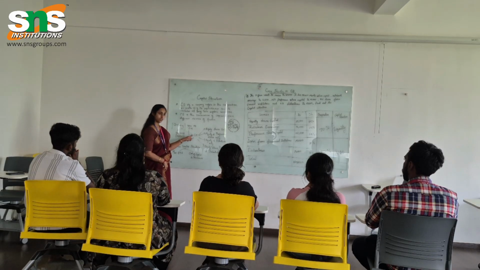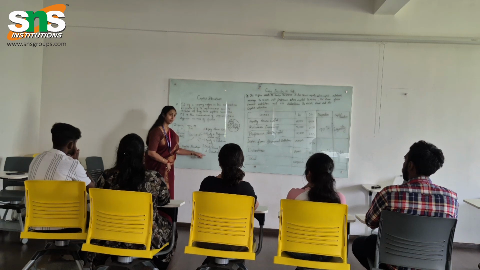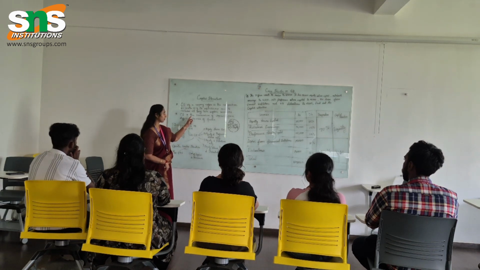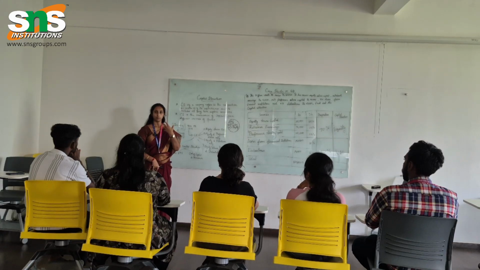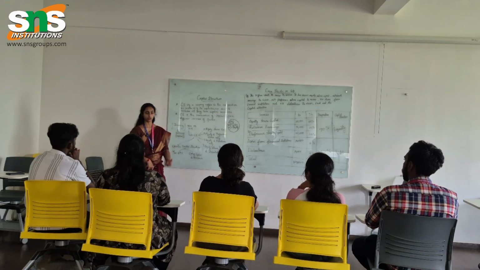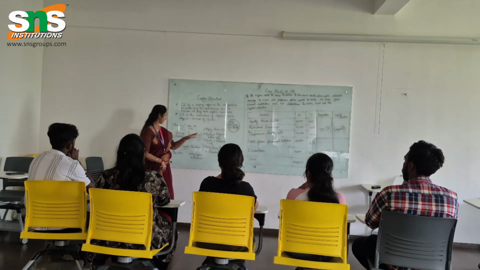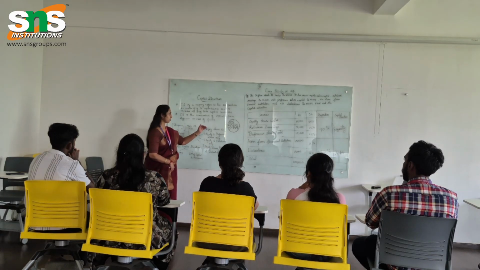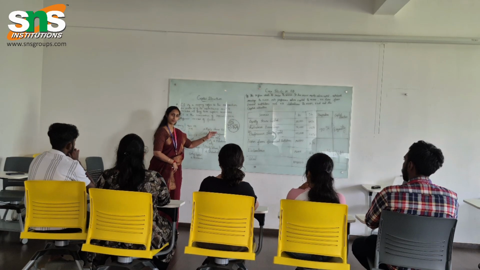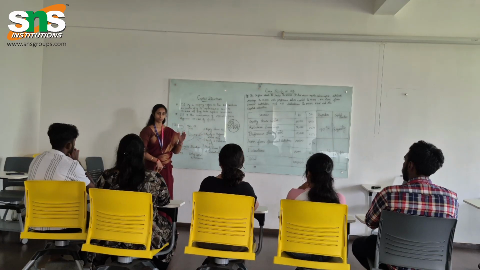When it comes to capital structure, there are different combinations, nothing but how you mix the sources. First, equity shares alone: the entire 10 crores procured from equity shares alone. That is your choice.